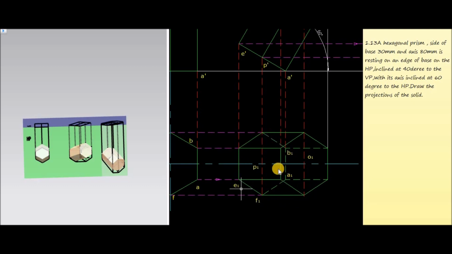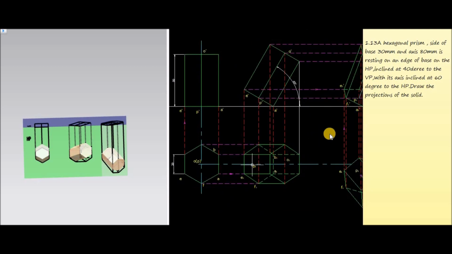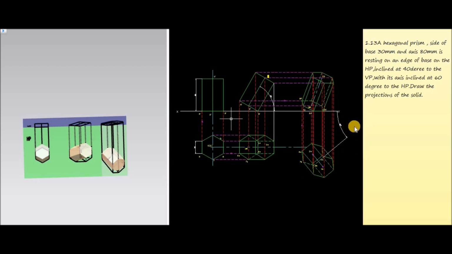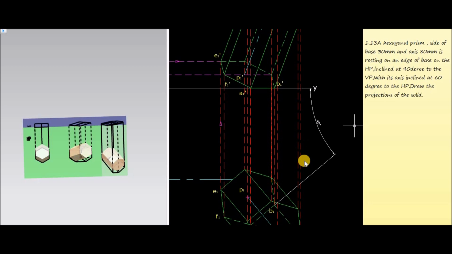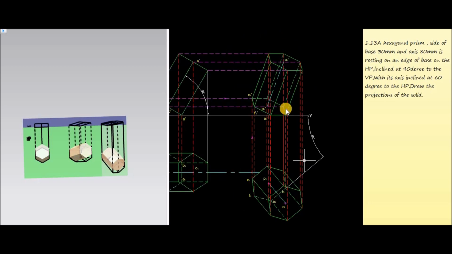Then the center of the bottom face is represented by P1 and the axis is represented by P1 O1. This is the front and top views corresponding to 60-degree angle of inclination of the axis of the hexagonal prism.